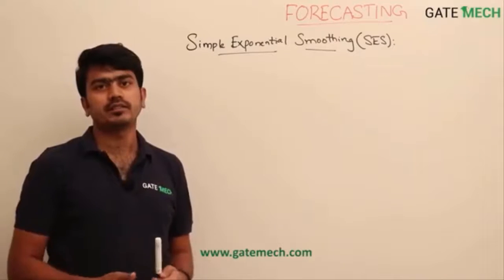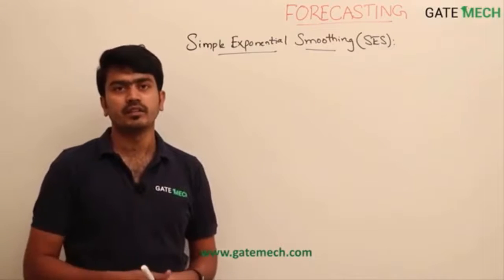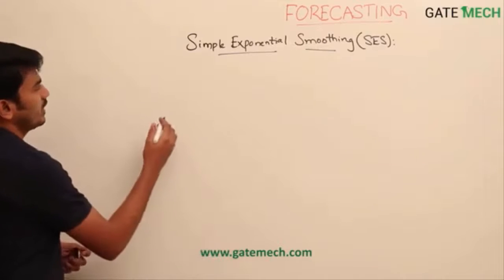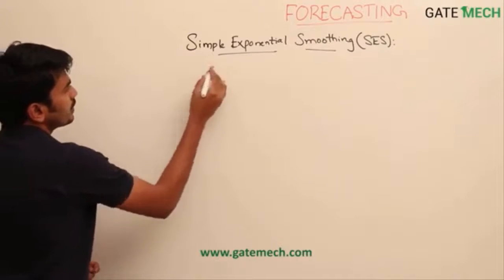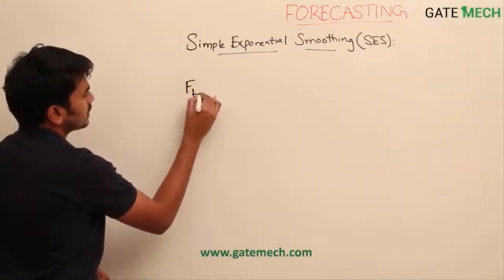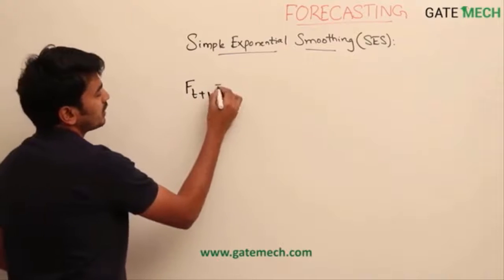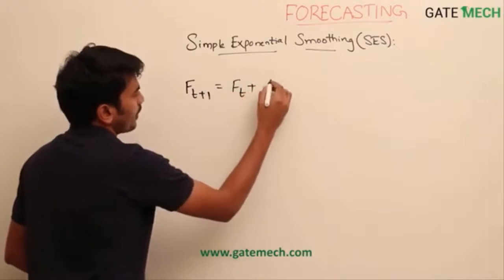So basically it's taking an input from the mistake that happened in the last forecast. You can say it's learning from the previous mistake. The expression for simple exponential smoothing is like this: the forecast for the next period t plus 1 is the current forecast plus the error.